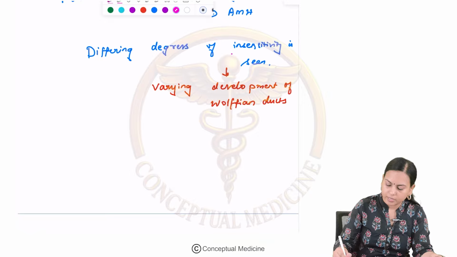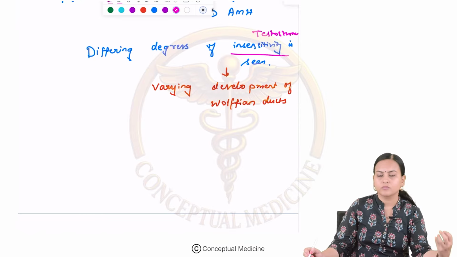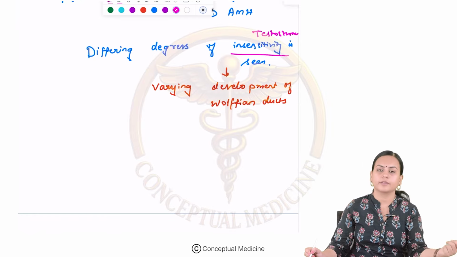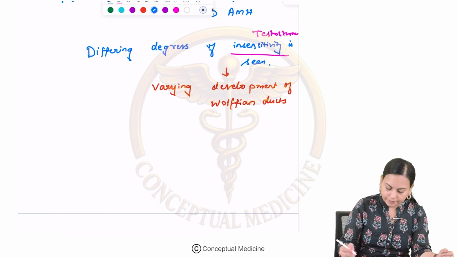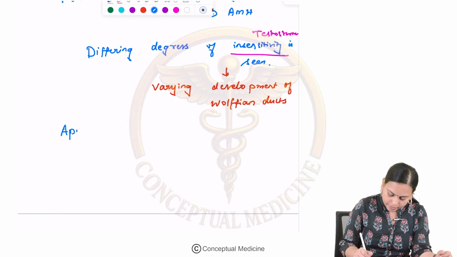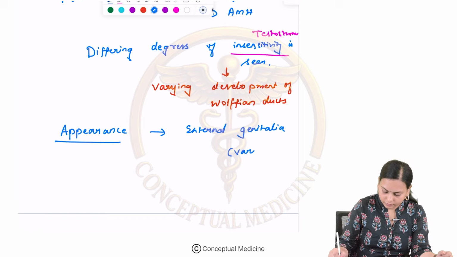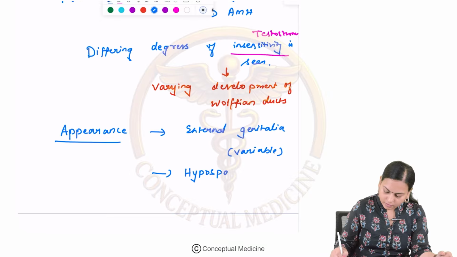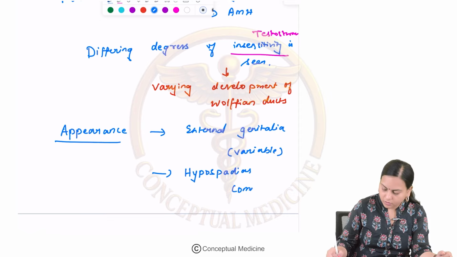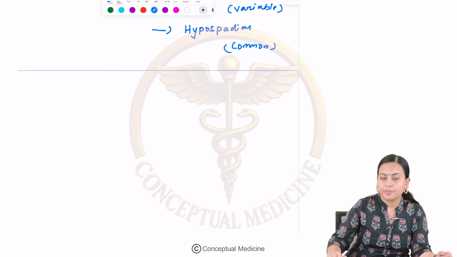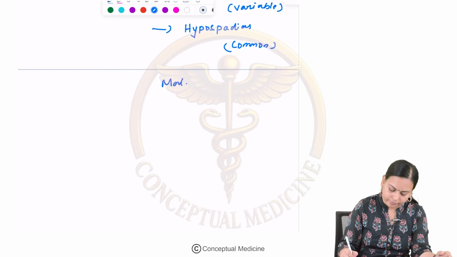Clear? So because insensitivity means insensitivity to the hormone testosterone. Okay, so some parts of the duct may develop normally, some parts may not develop normally, like that, right? Fine. Now how will be the appearance? Appearance of the external genitalia can be variable, but hypospadias is also common, and these people are reared like a male usually.